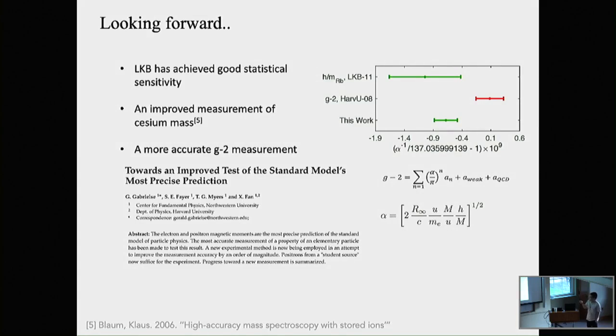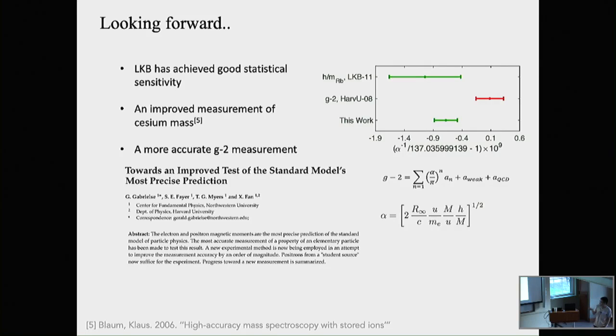What's better? In the AMO community, we just learned that the LKB group, who did this experiment, have already achieved good statistical sensitivity, but they are still bothered by some systematic effects, and we expect them to update this measurement very soon.